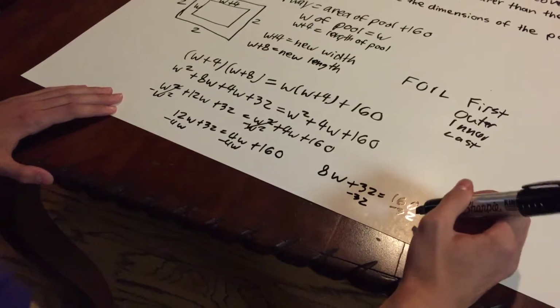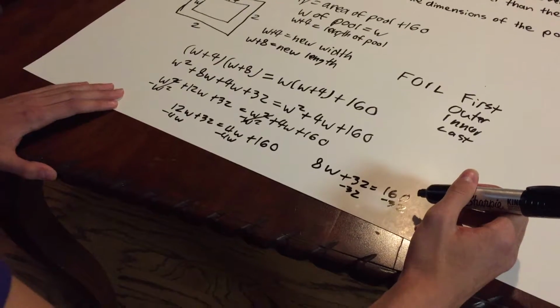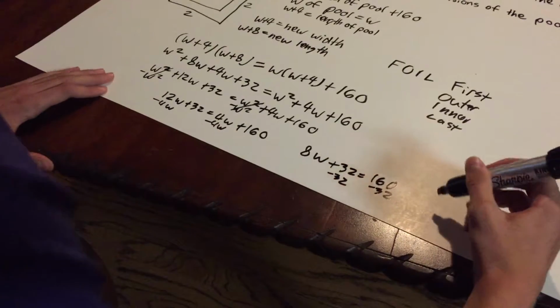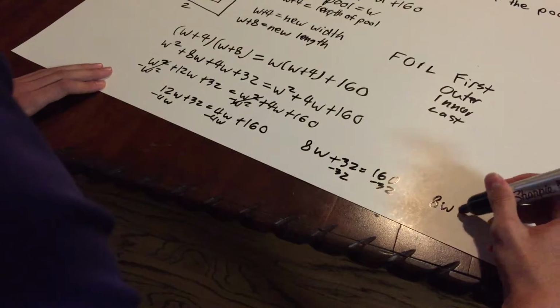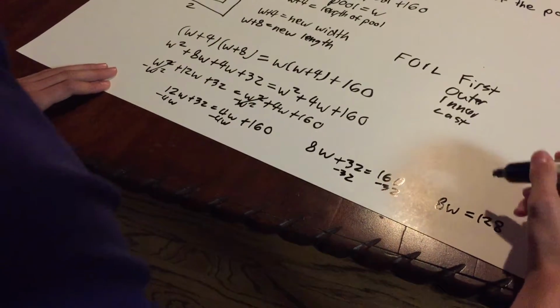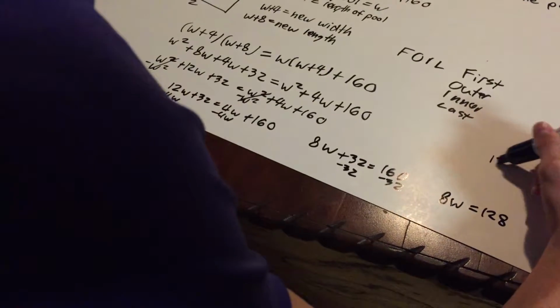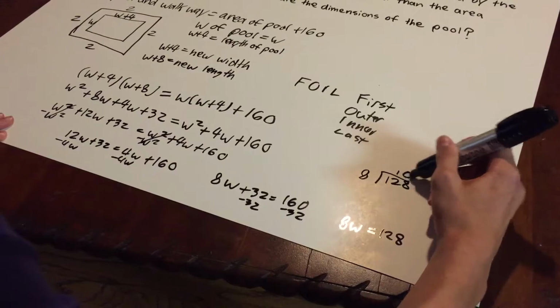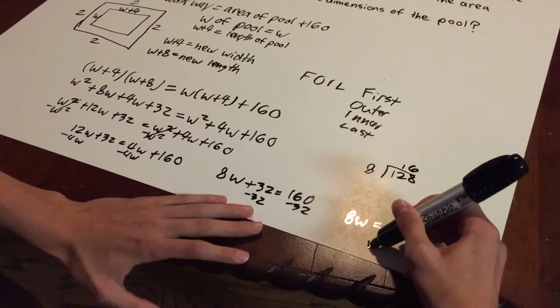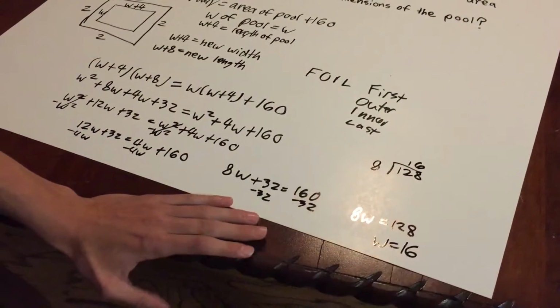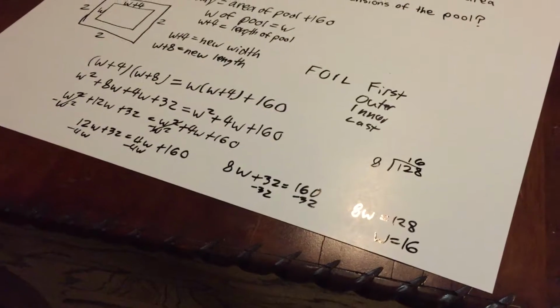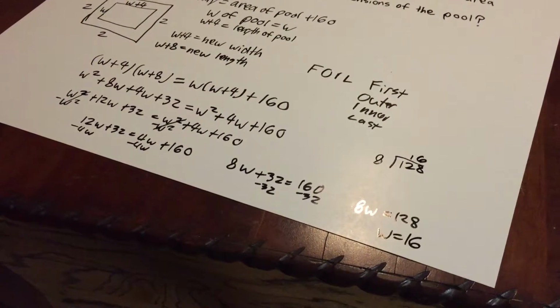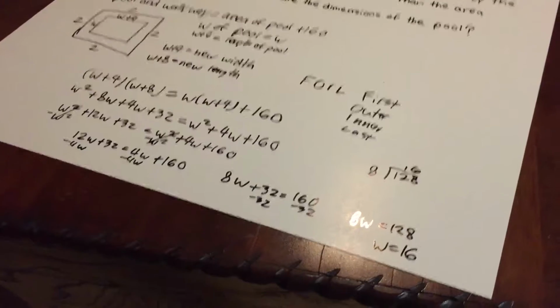Now we need to subtract 32. Subtract 32. It's going to give you 128. So we're going to get 8W equals 128. And 128 divided by 8 equals 16. So W is going to equal 16. And when we look back at the problem, it doesn't ask us what the width of the pool is, it asks us what are the dimensions.